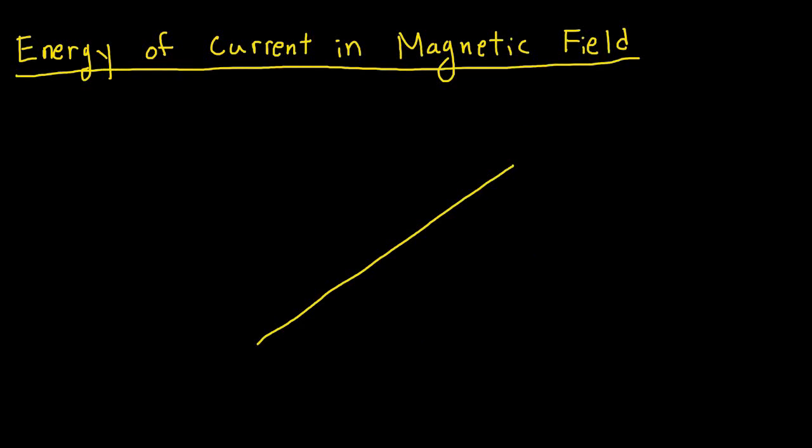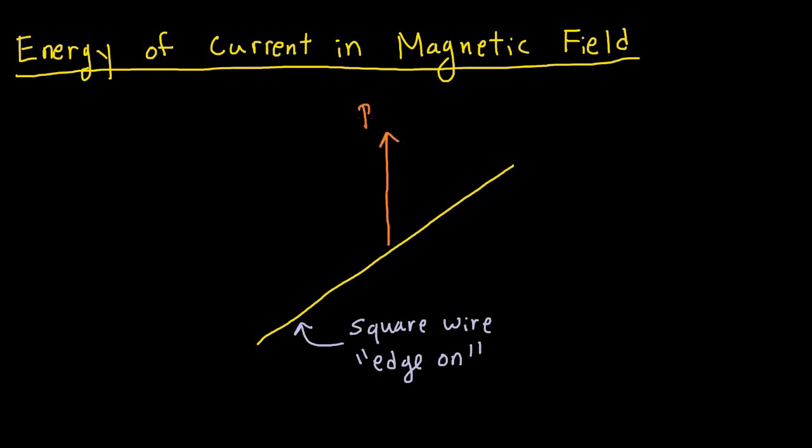Here we have our same old square wire edge on. So we're seeing the same old square wire from the side. And throughout space, we have a constant magnetic field B. This side length right here is L over 2 because the full side length is L. And the angle that the wire makes with the magnetic field is an angle theta.